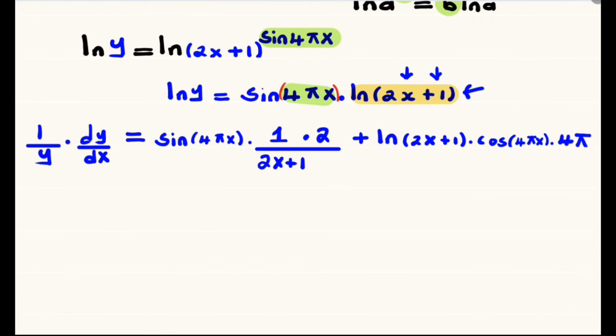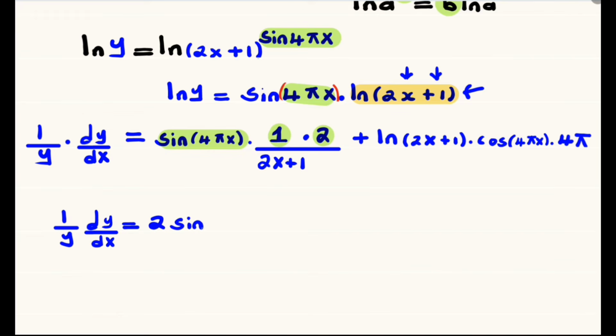We have 1 over y multiplied by dy over dx equal to, we write that 2 first. So we have the sine 4 pi x multiplied by 1 multiplied by 2.